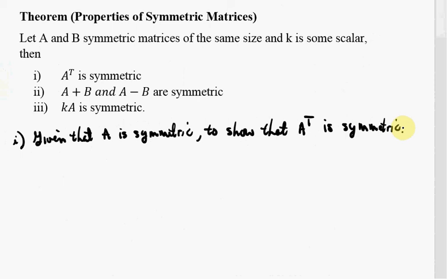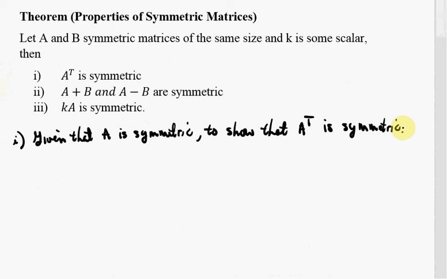I mean, what does that mean? Well, you know that it's given that A is symmetric. If they're saying that A transpose is symmetric, what does that mean? What equals A?